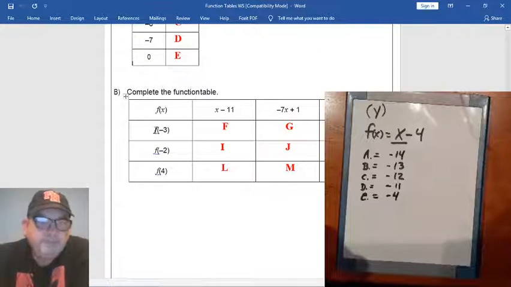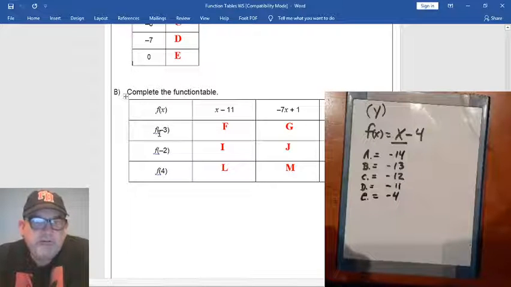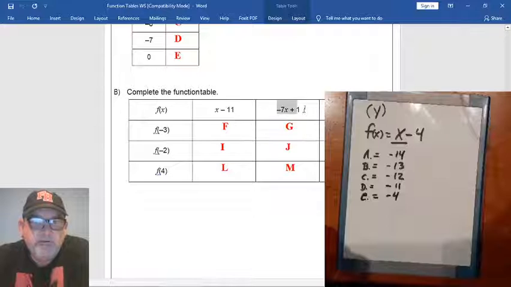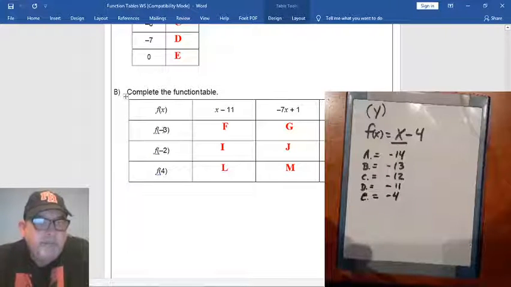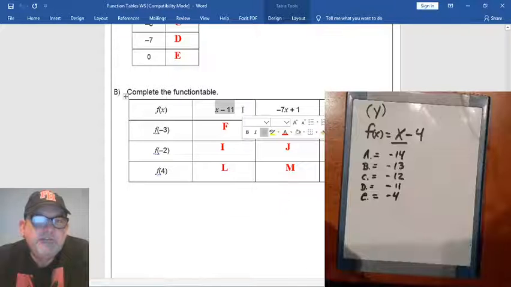So again, right here, these are the functions here. x minus 11, negative 7x plus 1, x plus 8. And what they're doing is they're giving us different numbers to replace for x. And then we just put it into our chart here. So let's go negative 3.